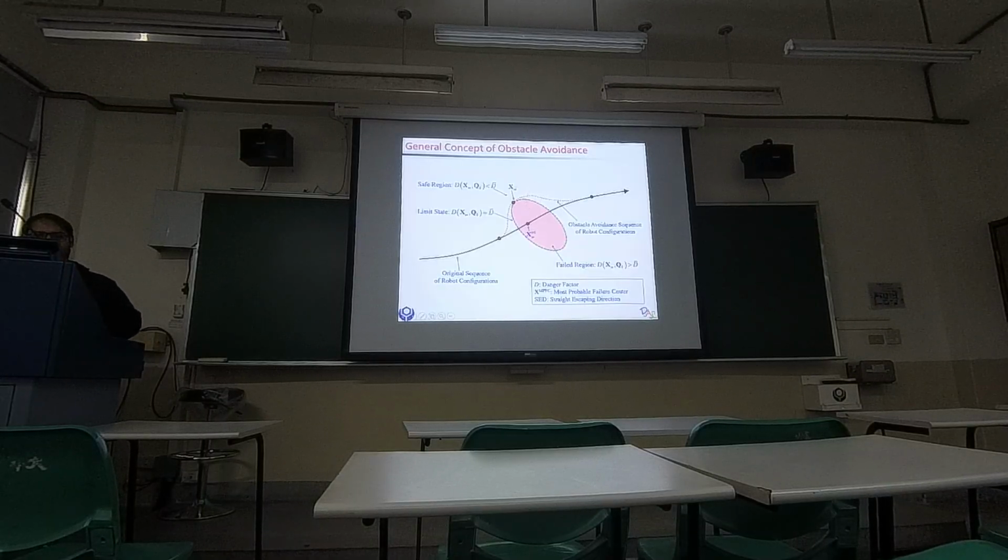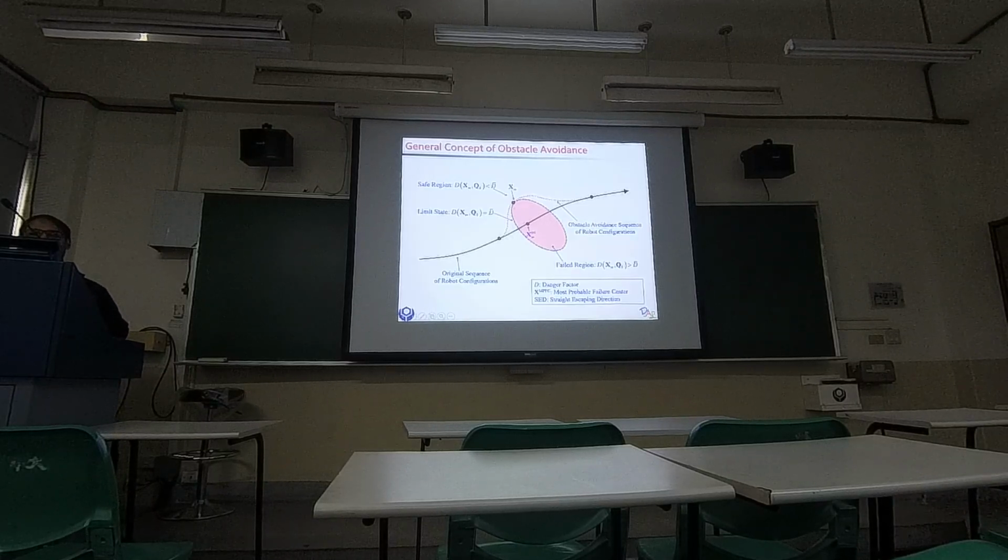So if we draw it, we can see the cylindrical space and this limit region, where this point is a safe distance from the obstacle, and everything inside this boundary, in this region, will be your fail region where it will be colliding with the obstacle.